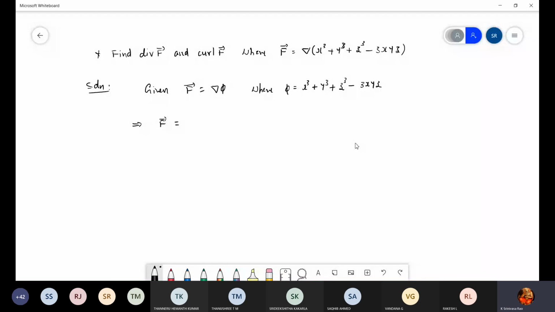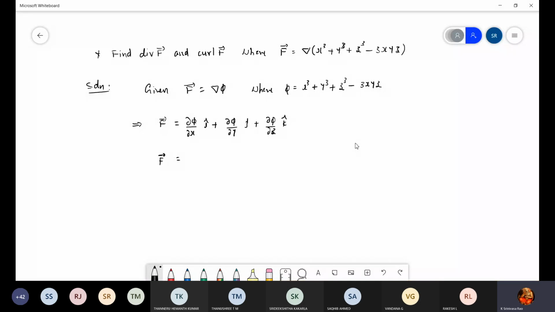Gradient is dou phi by dou x i cap plus dou phi by dou y j cap plus dou phi by dou z k cap. Phi is given. You can substitute phi for each derivative, or you can differentiate directly. As you wish, I will go with direct differentiation.